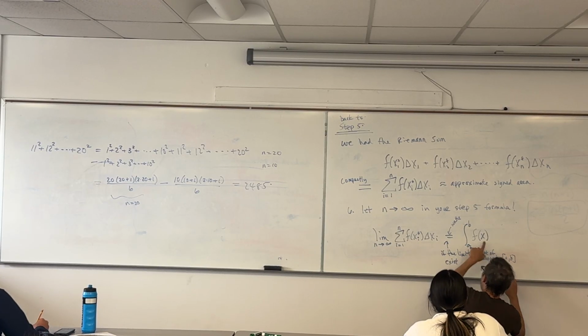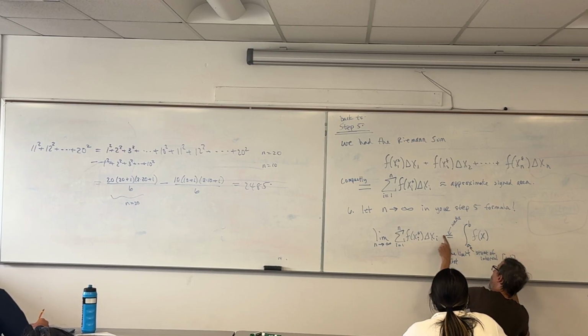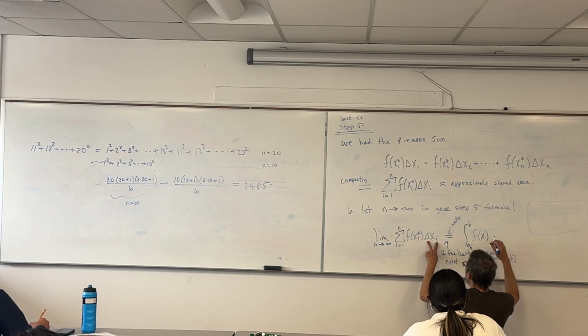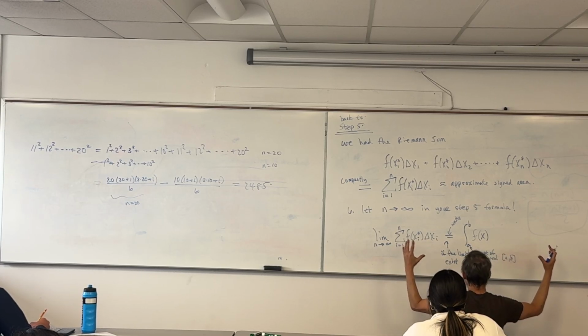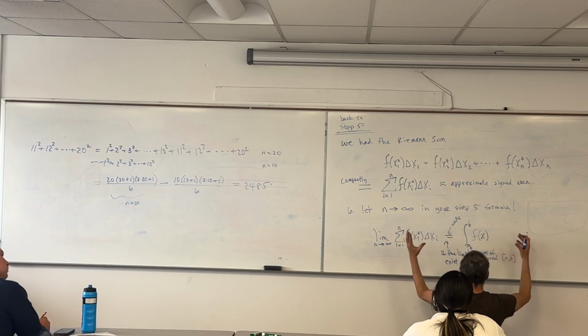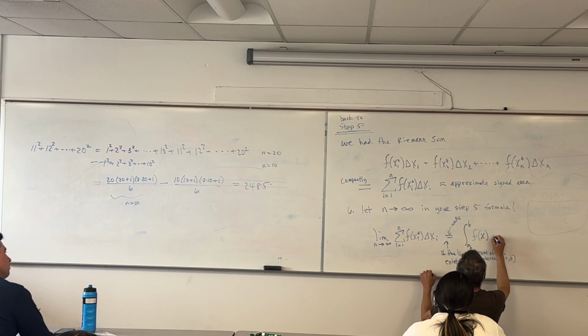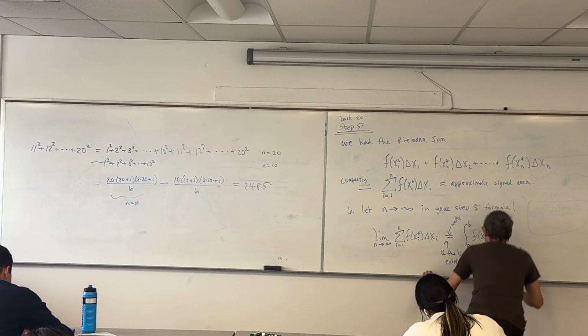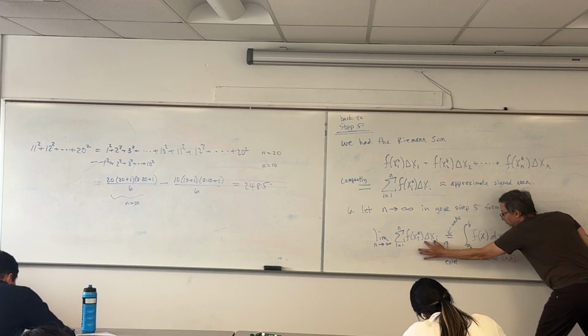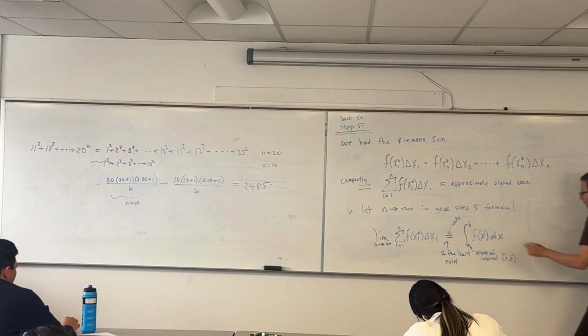So x sub i star just becomes a normal x. The delta x, just like when we did the limit on delta y over delta x for derivatives, becomes a dx. In the limit, as these things shrink to nothingness, it becomes a dx.